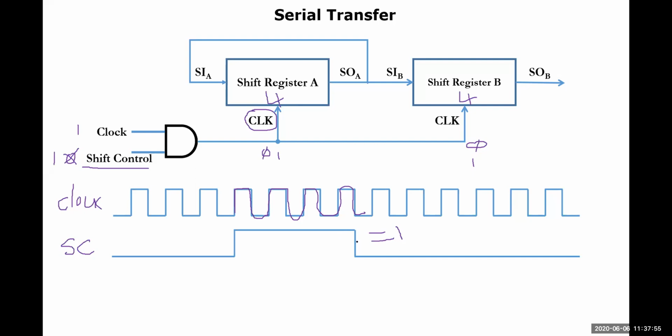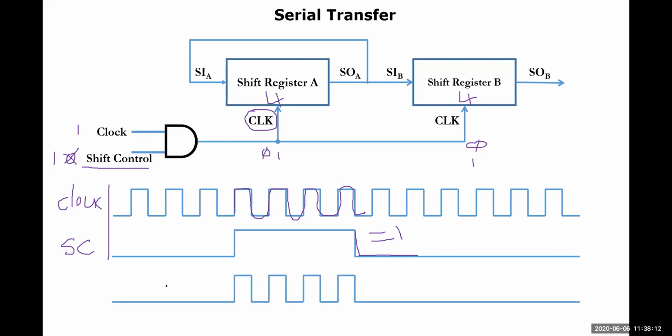After the 4th unit of time, shift control becomes 0. Look at this, this becomes 0, so the output will be 0. So the clock will be 0 for both shift register A and shift register B. So if you consider these two, how will the clock be? This is CLK, this is CLK.